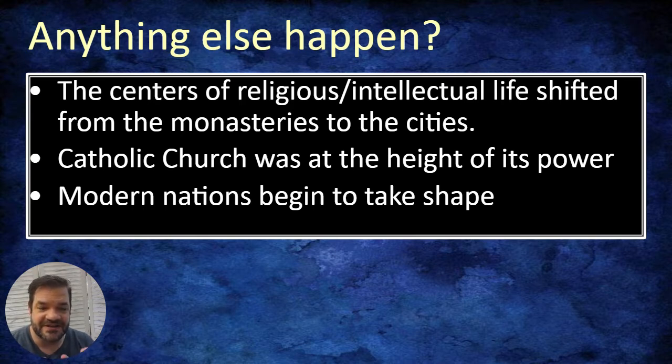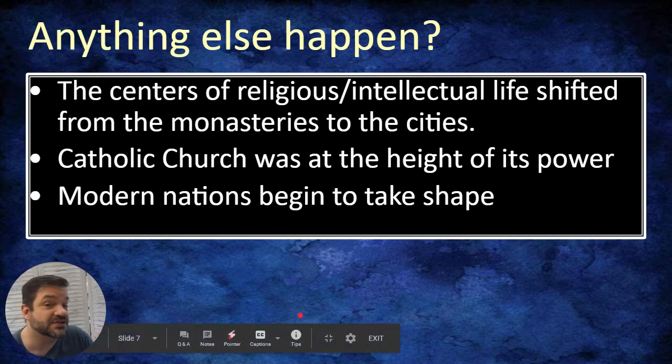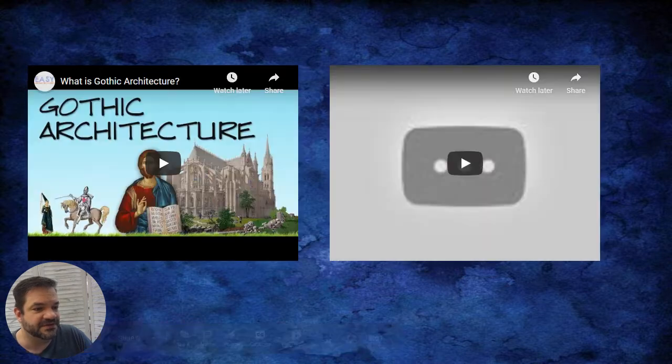So we're going to be seeing France. We're going to be seeing England. These entities exist as nations right now. Okay, the Catholic Church is at the height of its power. That needs to be known as well.